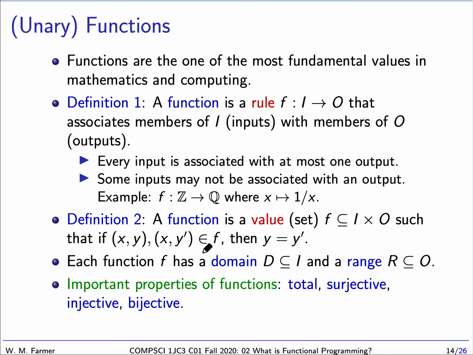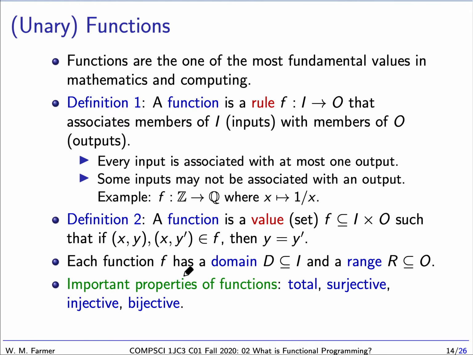This corresponds to the idea of a function as a rule, that if it takes an input, it can only produce at most one output. So if we think of the first members of the pairs as input and the second members of the pairs as output, a function as a set must have this property. It must not associate more than one output with a particular input.